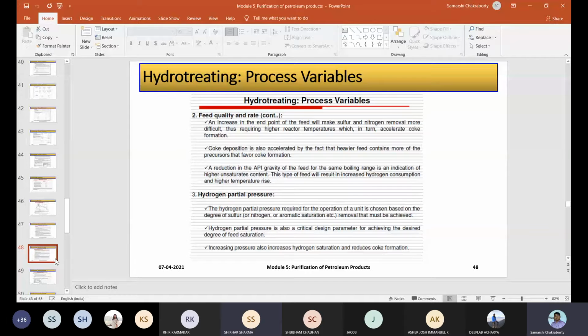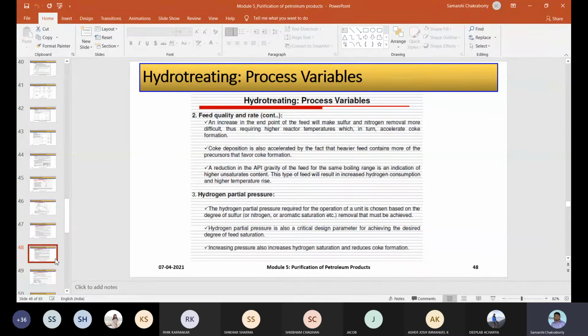Whenever you are using hydrogen, hydrogen is going to saturate the unsaturated product.